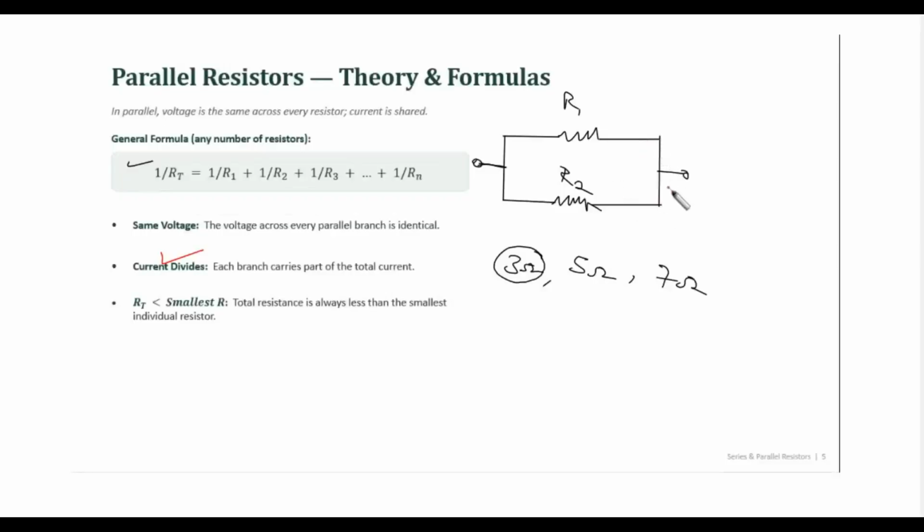Like in this simple diagram that we had here, maybe R1 is equal to 2 ohms here, and then R2 here is equal to say 4 ohms. This is just a simple example. Let's wipe this. And then maybe these resistors are connected across a supply.